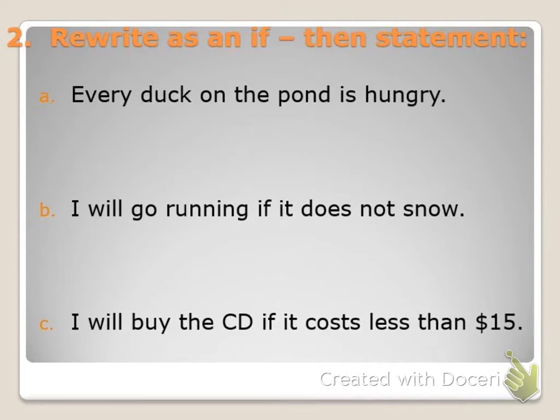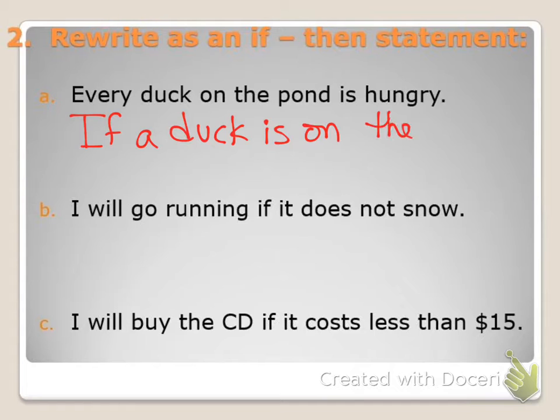So if this were to be an if-then statement, it would read, if a duck is on the pond, then what do I know about it? It's hungry. Then it's hungry.